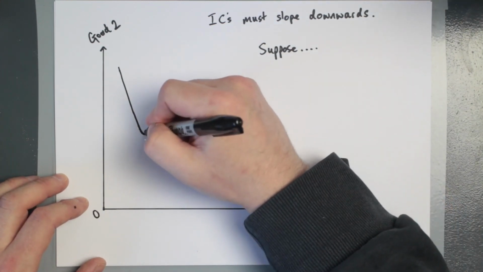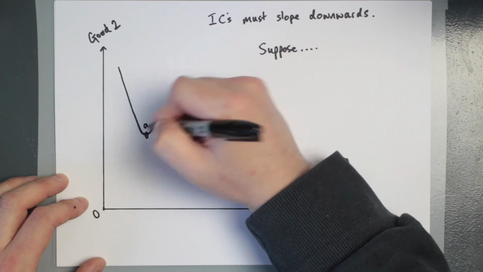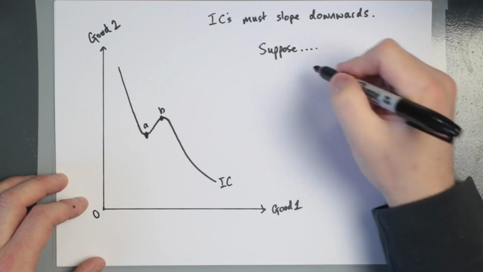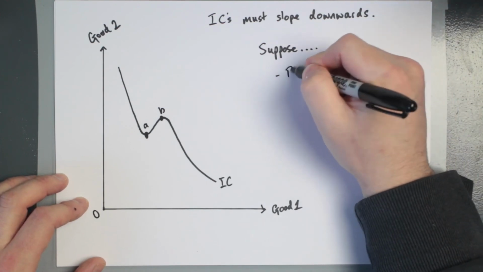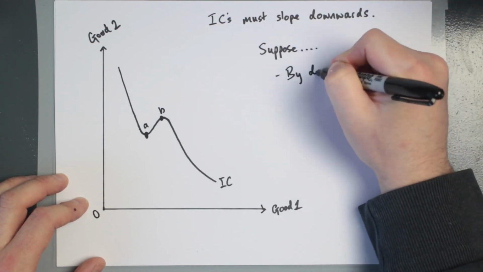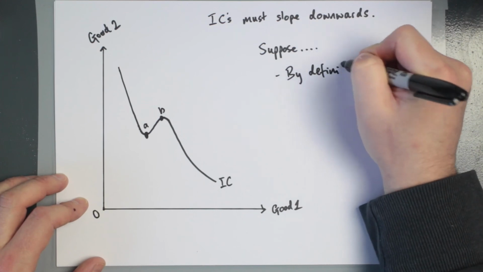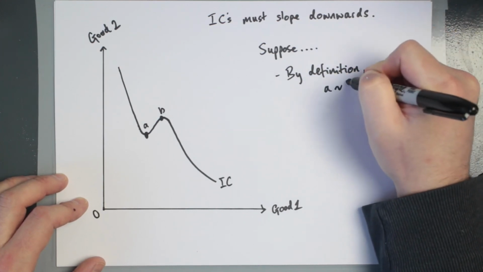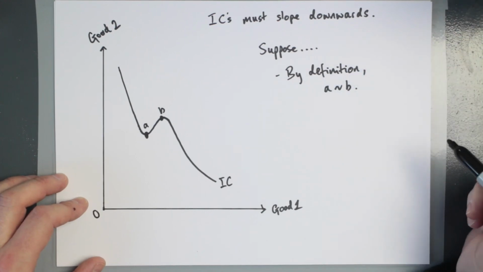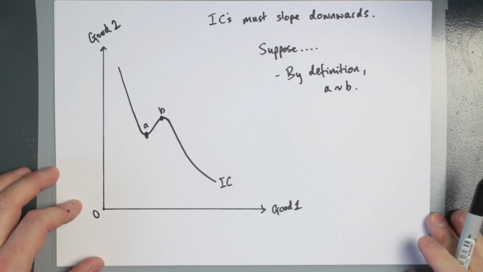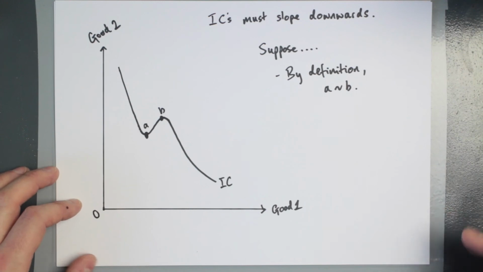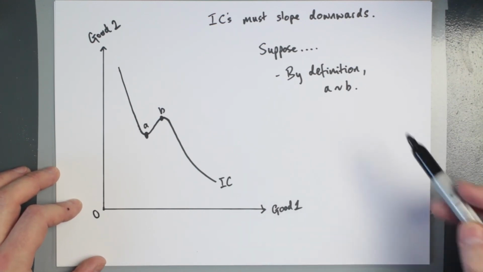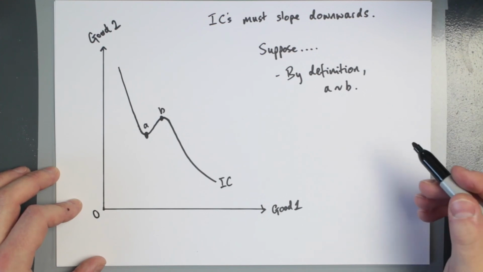Well, here I can just label two bundles A and B, and if I choose them in the right place, the argument will work. So again, what can I say about A and B? Well, by the definition of an indifference curve, our consumer is indifferent between A and B. Okay, they are on the same indifference curve if and only if the consumer is indifferent between these two bundles. So that just appeals to the definition of an indifference curve.